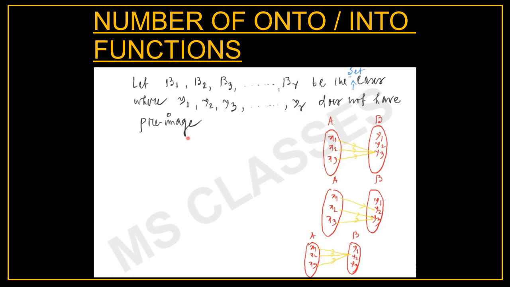Now, what is our intention? Our intention is to get this now: n of B1 union B2 union B3 union up to Br. What is this? Union means what?